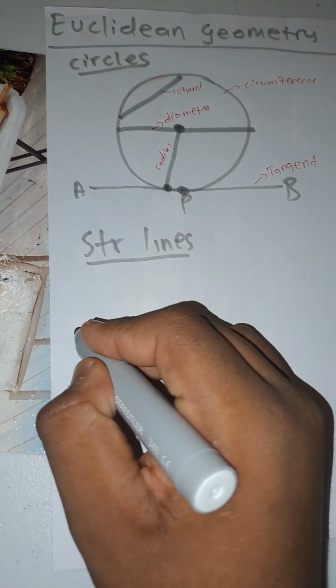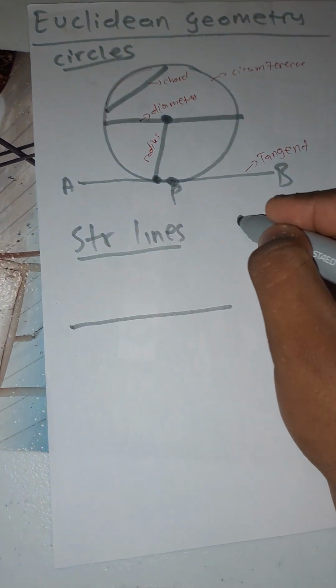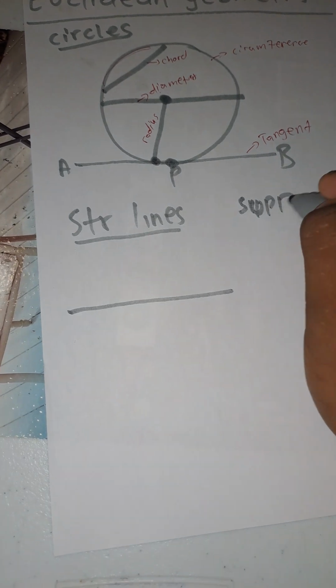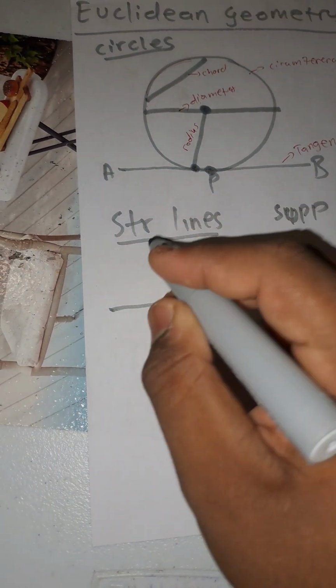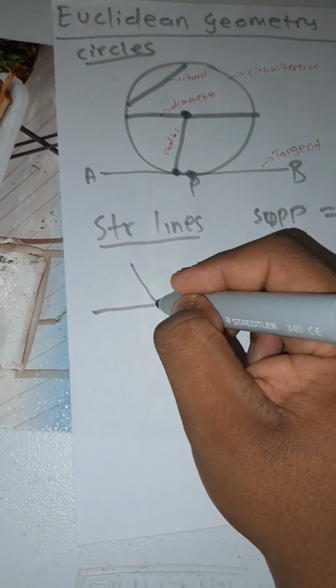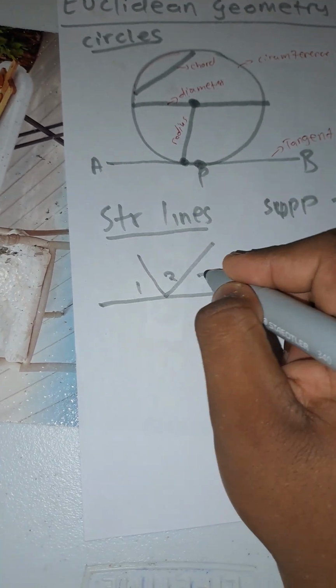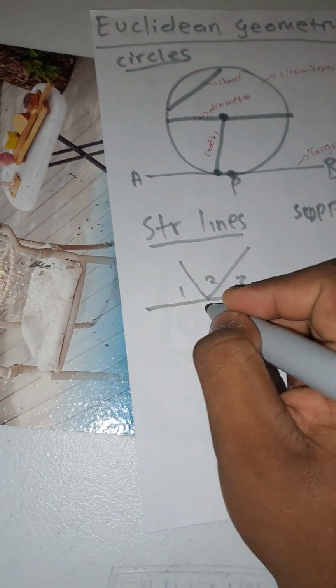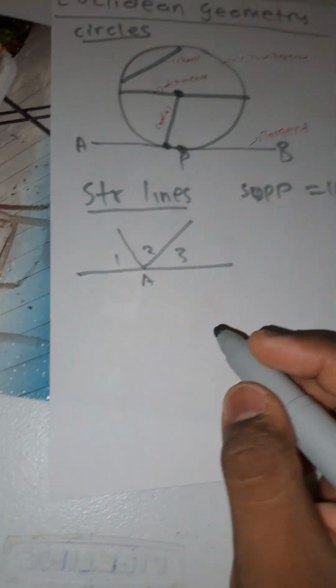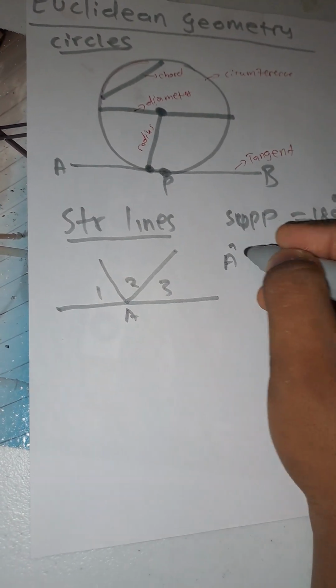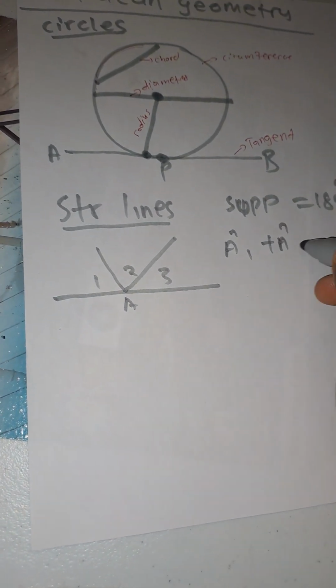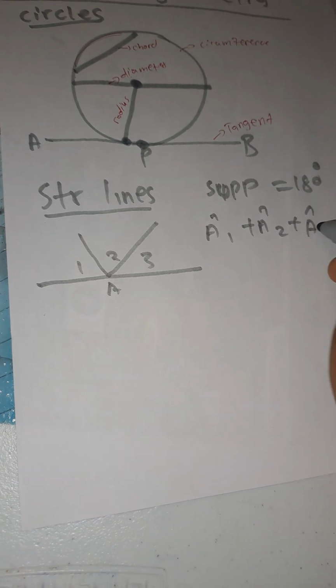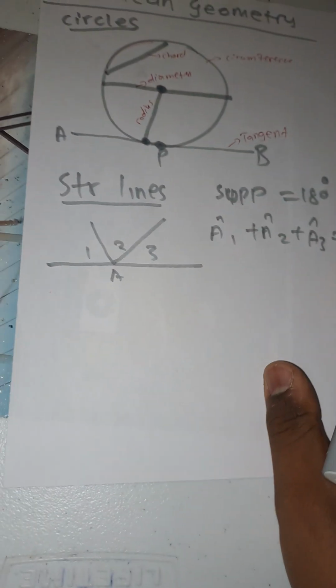What does supplementary mean? They add up to 180. So if you have something like this, 1, 2, 3, angle A1 plus angle A2 plus angle A3 equals 180.